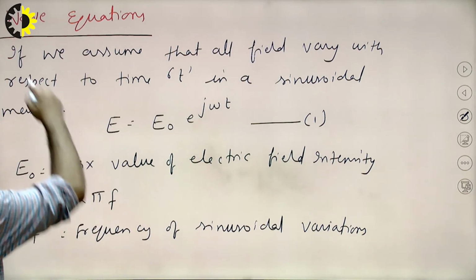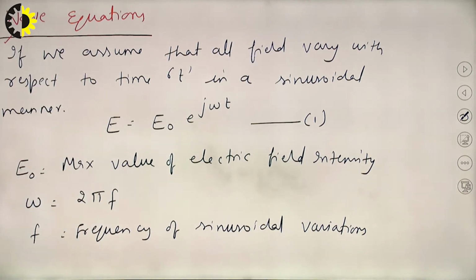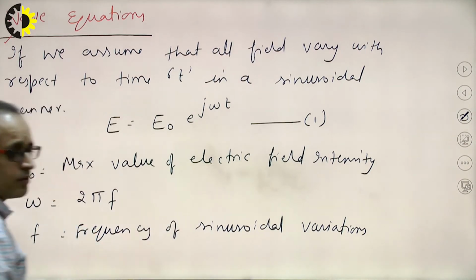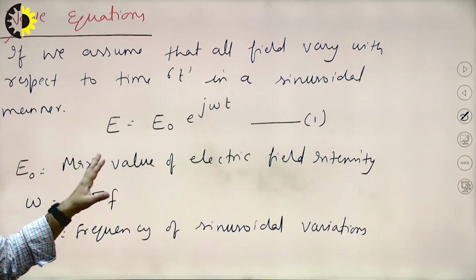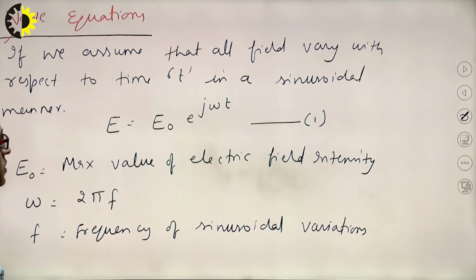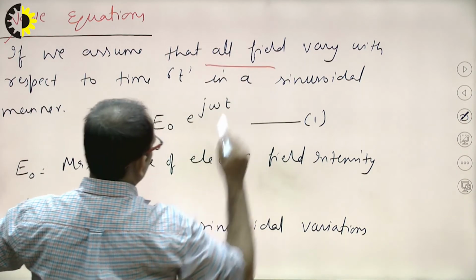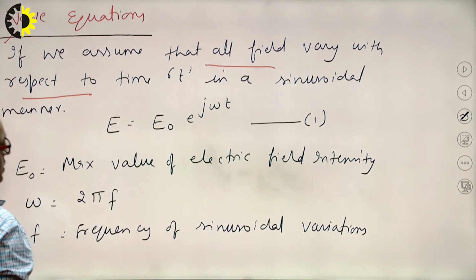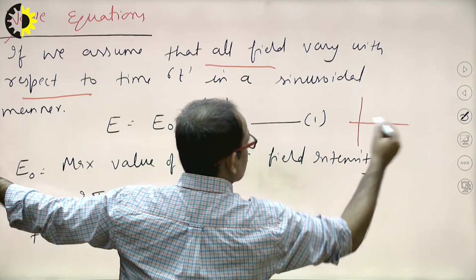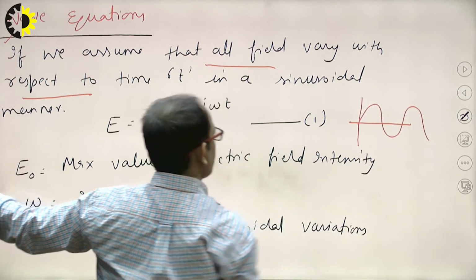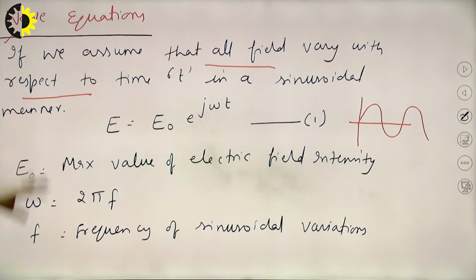Now see, we will first find the solution for the wave equation, as we have started with the basics of waveguides. We'll start with this wave equation. Now assume that all fields vary with respect to time, meaning the signal which is entered varies with respect to time.